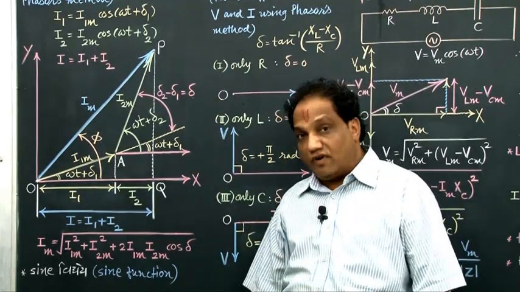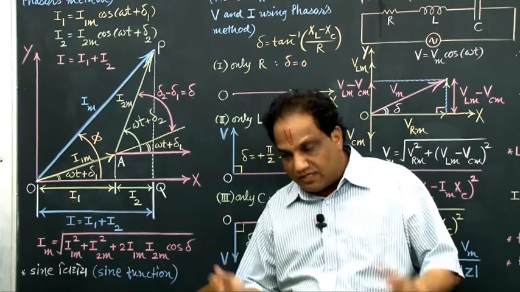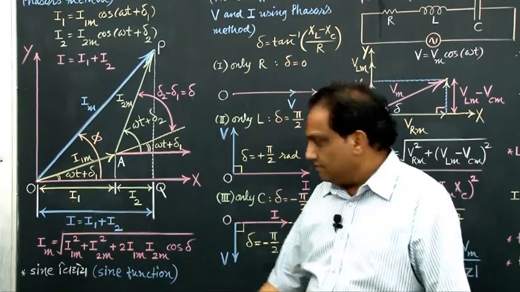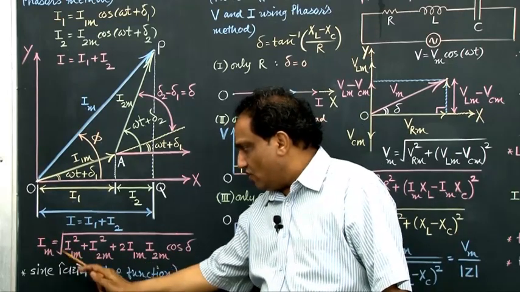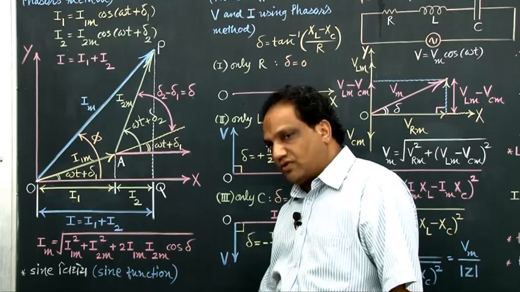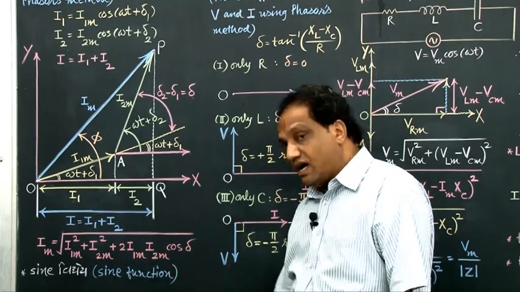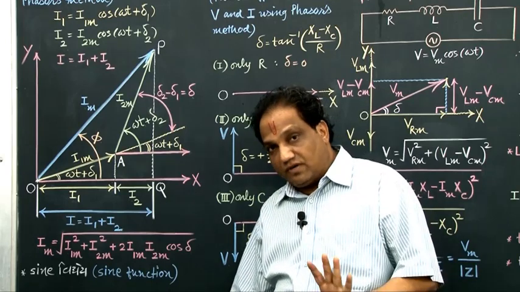But now if you require to find the value of Im, then what is the formula for that? The formula is this: Im equals under root of I1m square plus I2m square plus 2 I1m I2m cos delta. Could you remember?